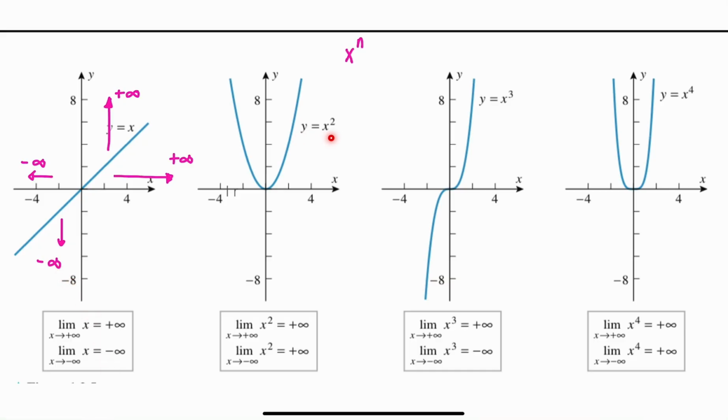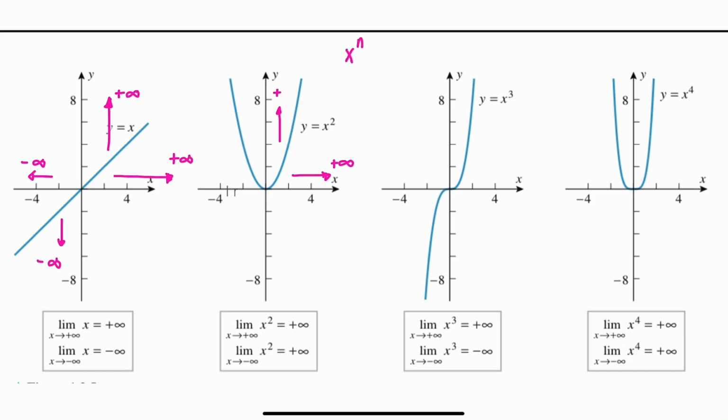As for y equals x squared, now, as x increases without bound towards the right, positive infinity, the value of y also increases, because this will increase indefinitely as the value of x increases.